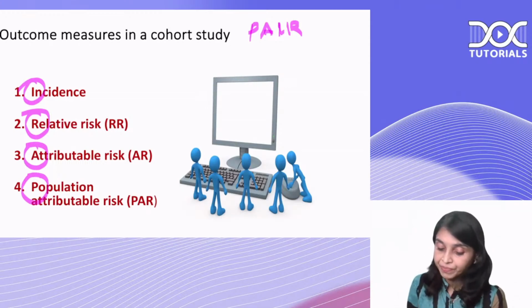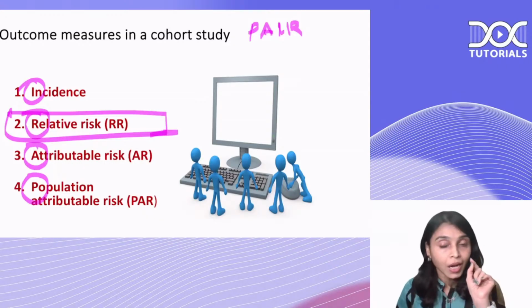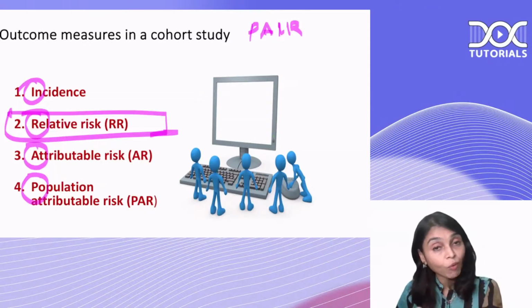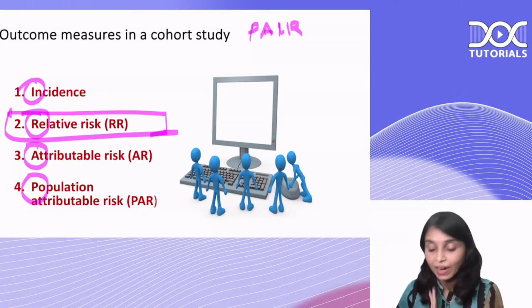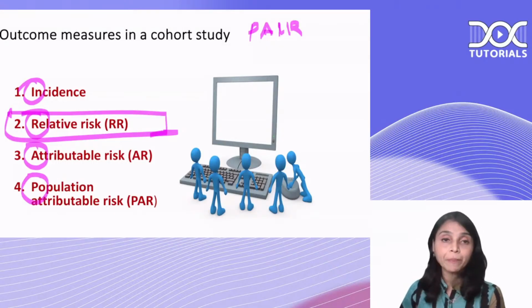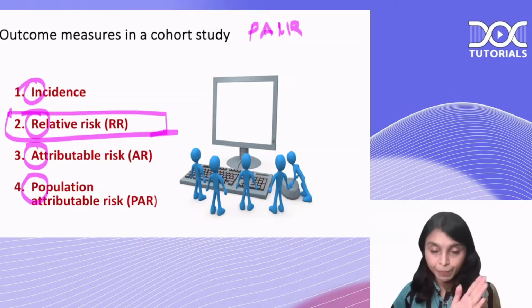And the interpretation of relative risk is the same as that of odds ratio. Odds ratio, if more than 1, will tell you whether the exposure is a risk factor or not, right? Similarly, in a cohort, relative risk will also give you the same interpretation. Okay?